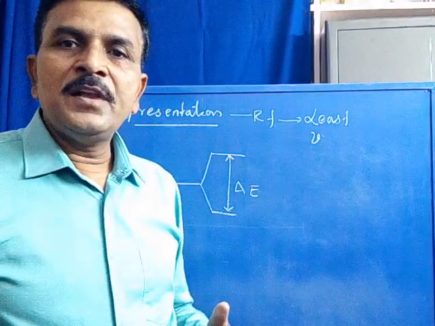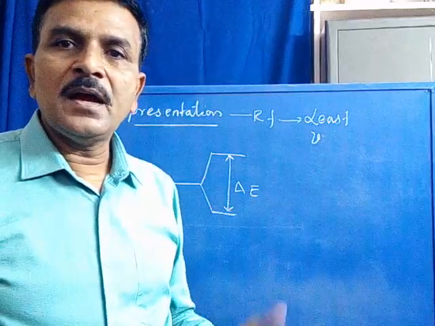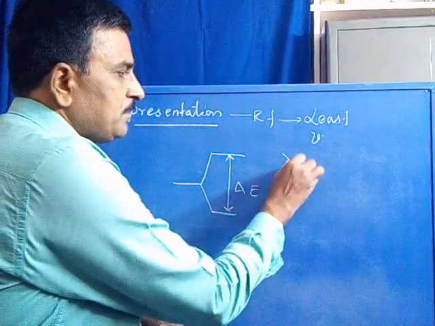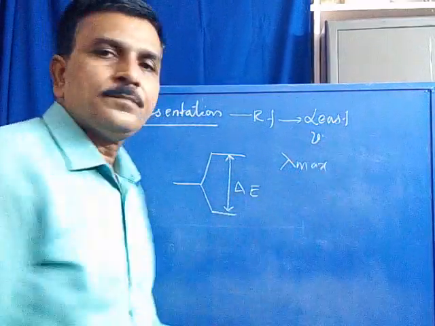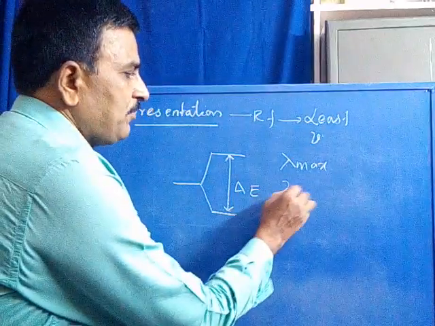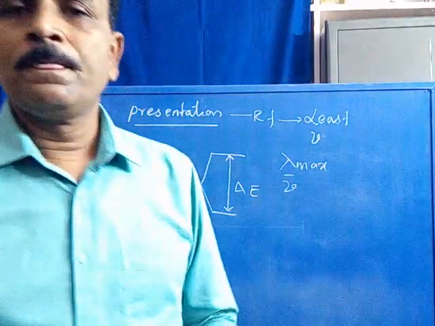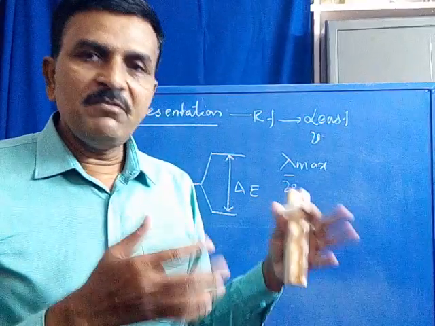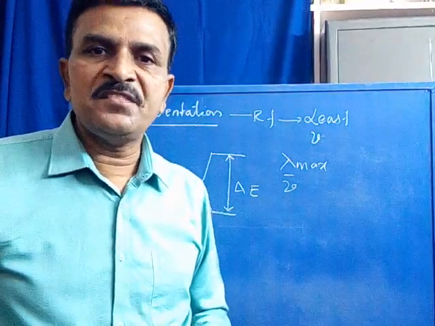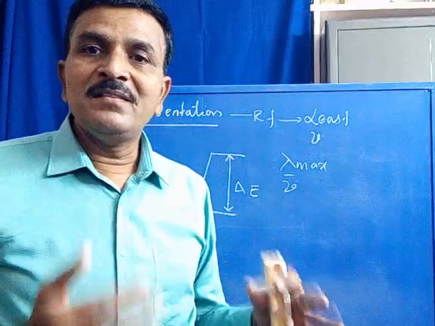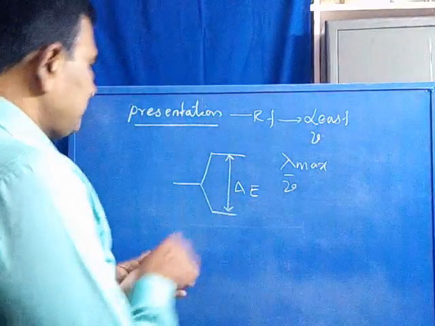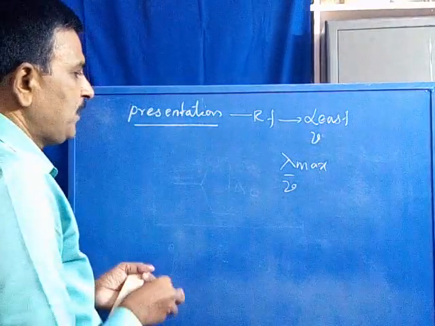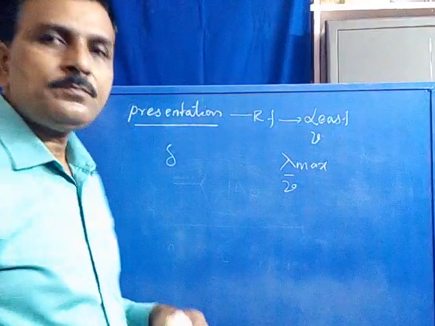This extent of energy may not be presented in the form of a wavelength or in the form of a wave number. That is, the energy absorbed by various sets of protons present in a molecule is measured in delta.